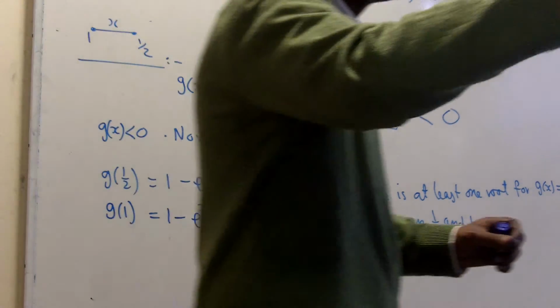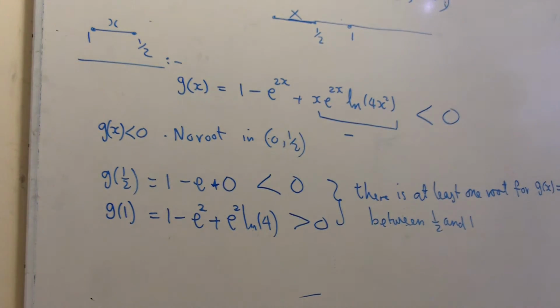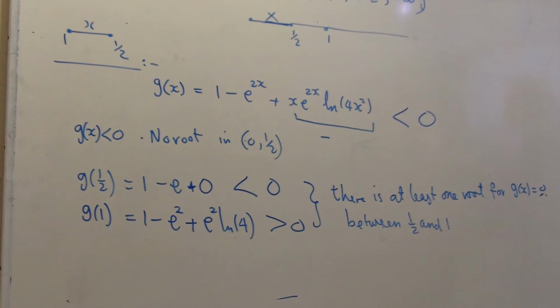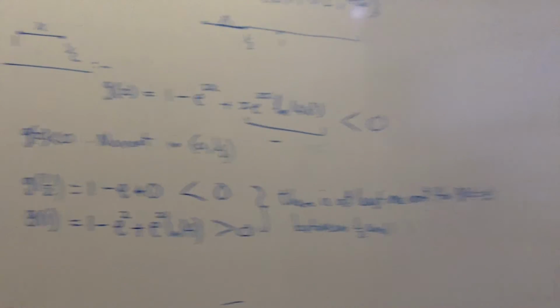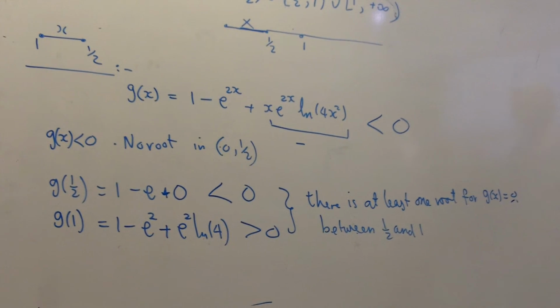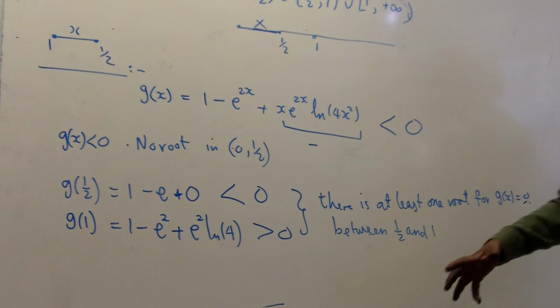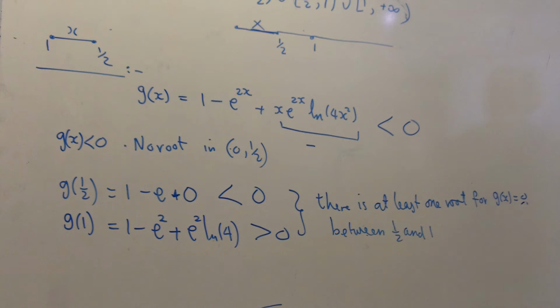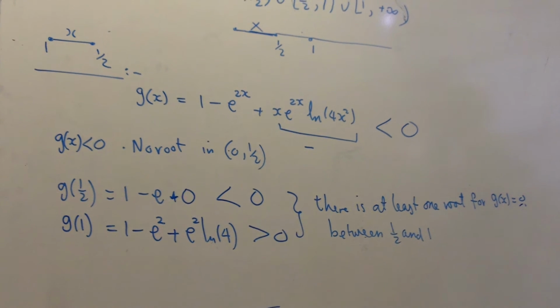There can be more, but there is at least one root. Because the value of the function at a half is negative, at 1 is positive, therefore you know there is at least one root. Now to finish the whole job is to show that there is exactly one root, and this is done as follows.